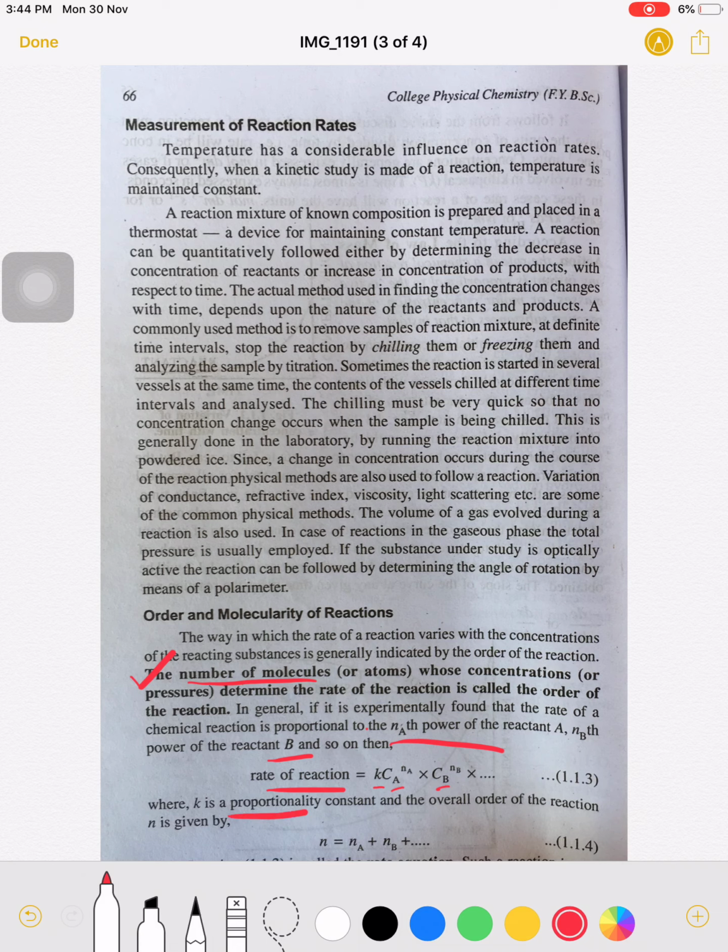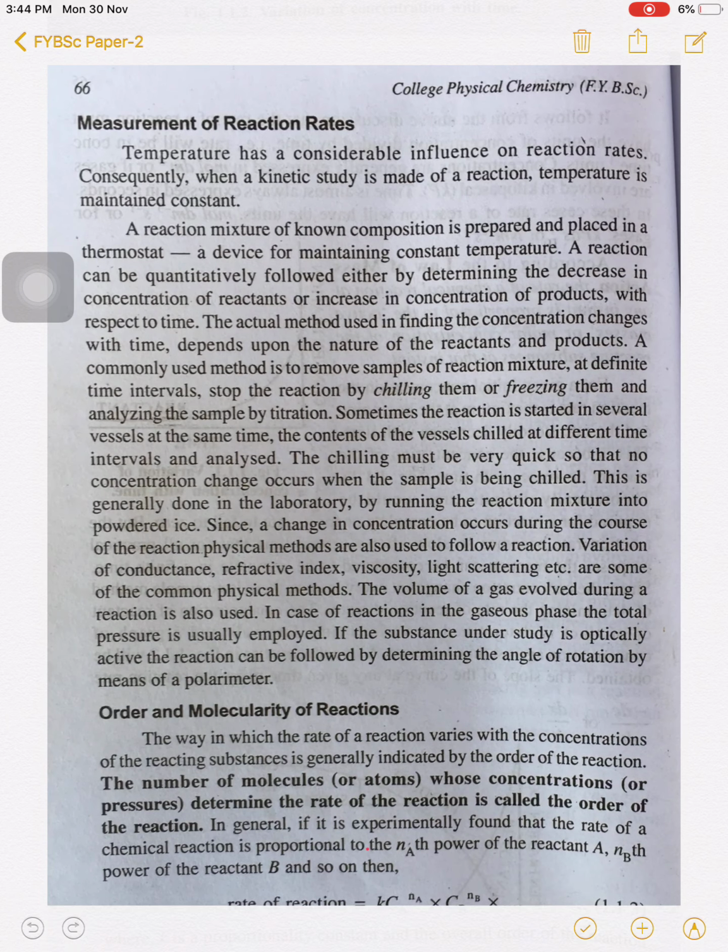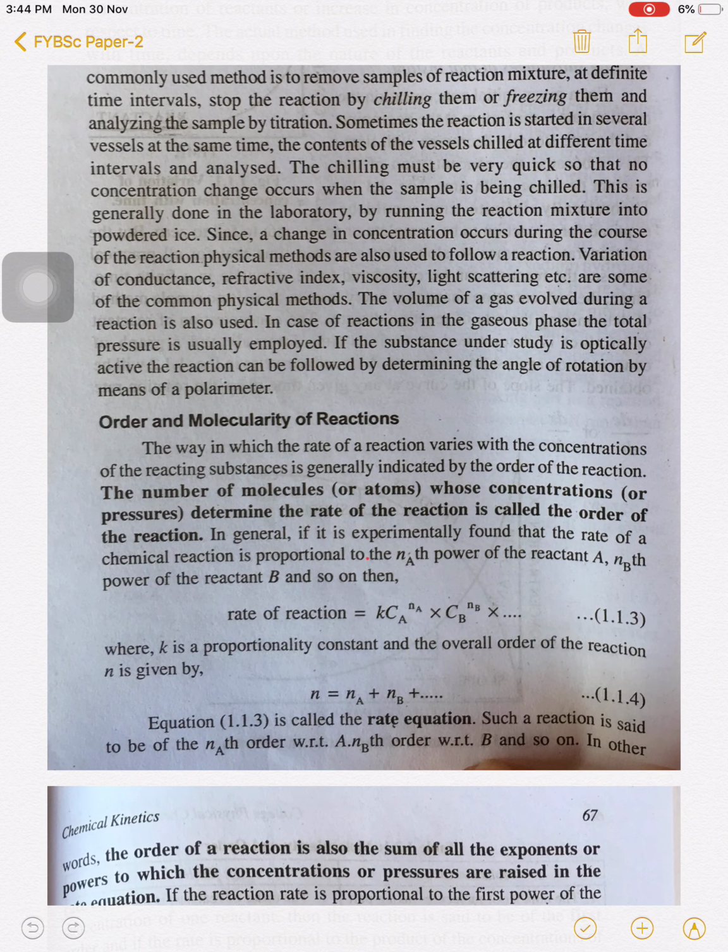K is a proportionality constant, and the overall order of reaction N is given by N equal to Na plus Nb plus, if there are more reactants, Nc, Nd, like that. So N is equal to Na plus Nb plus so on.